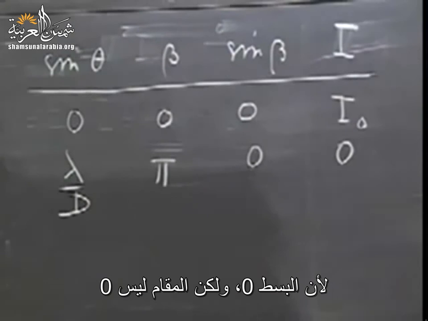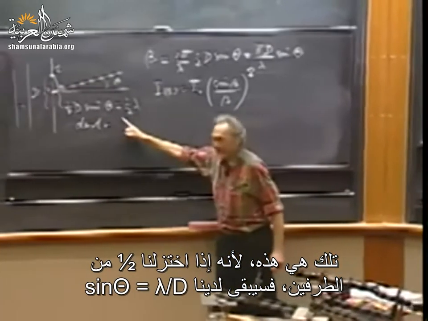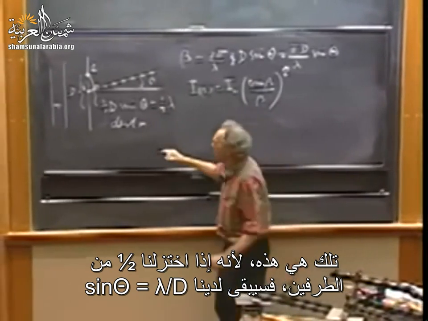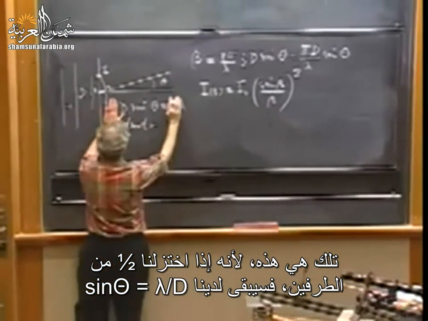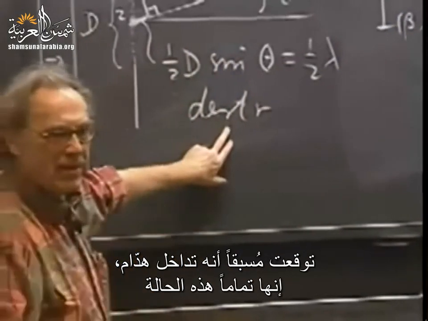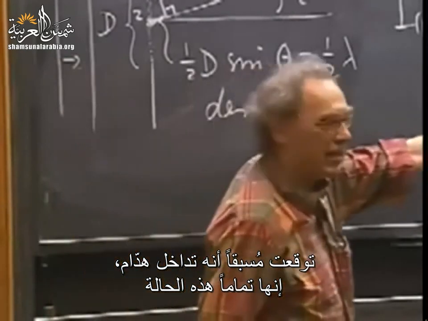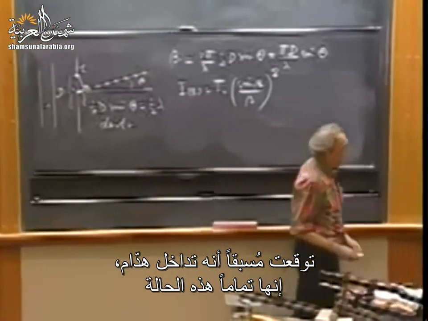Because the upstairs is 0, but the downstairs is not 0. Because look, if you take this half away and you take this half away, you get that the sine of theta is lambda divided by d. I already predicted that you would have destructive interference. That's exactly this case, of course.